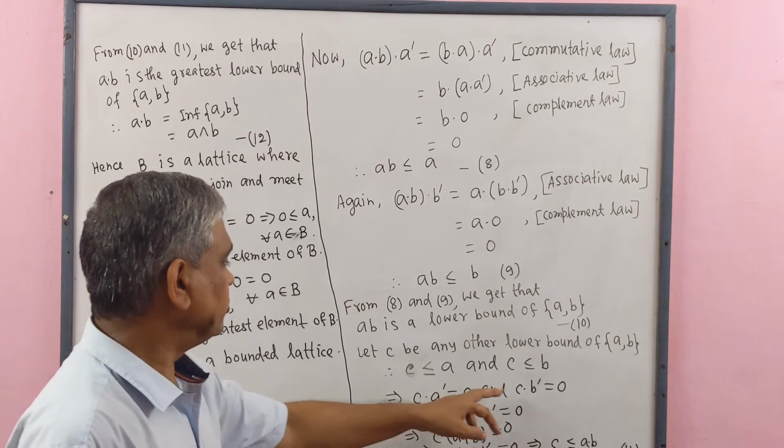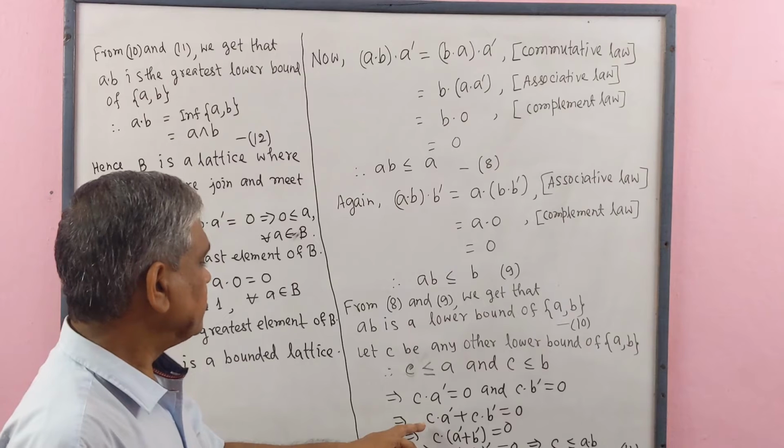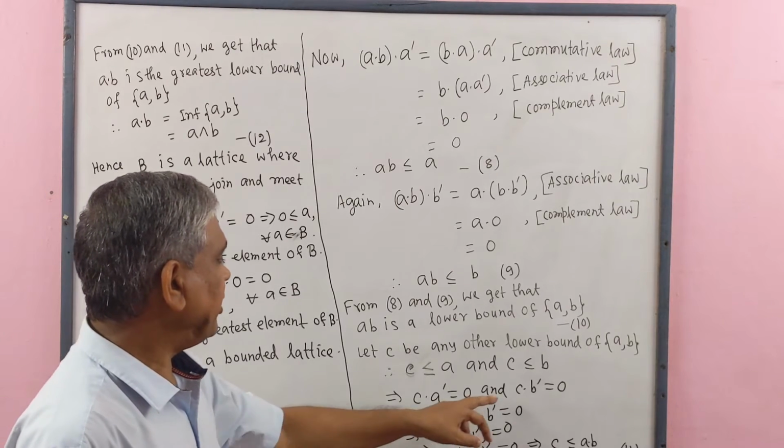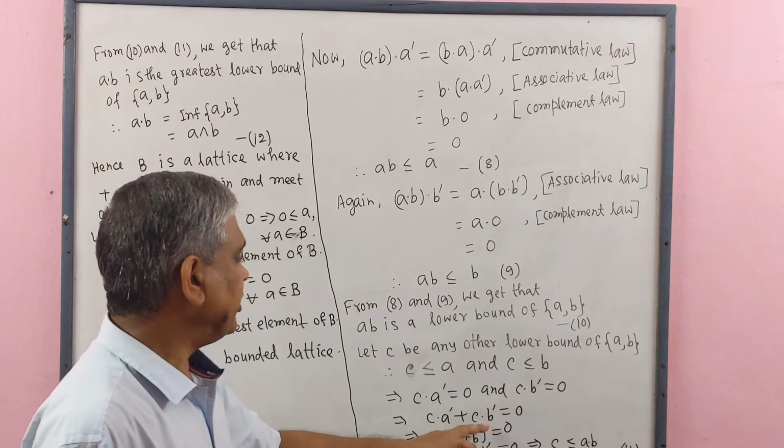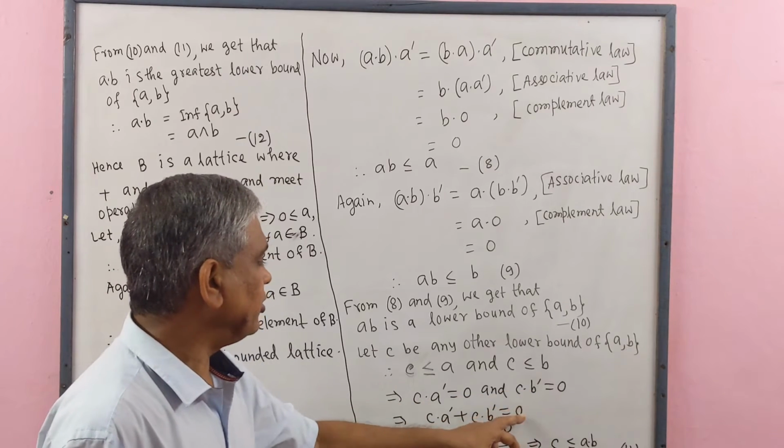Now adding these two equations, we get C dot complement of A plus C dot complement of B equal to 0 plus 0 equal to 0.